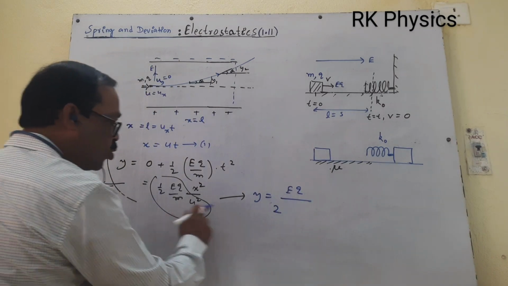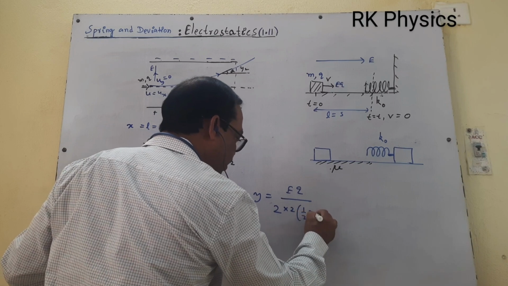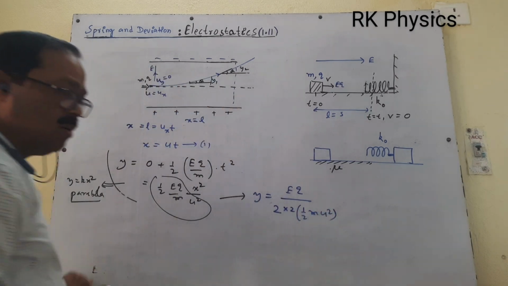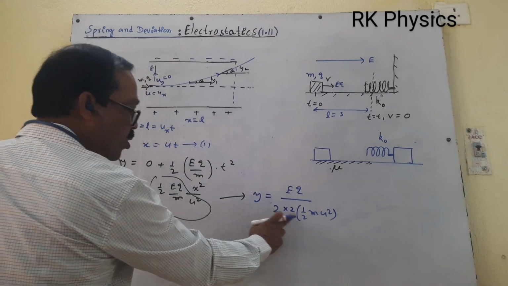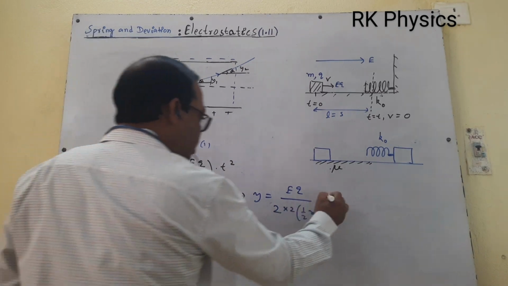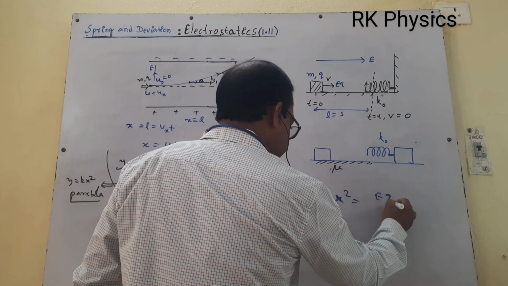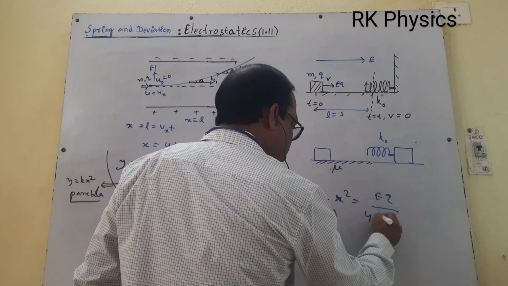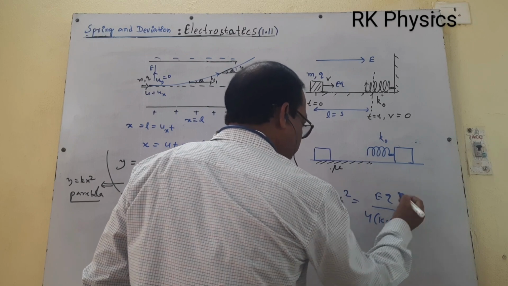Here there is a u square, so I am writing 2 into half m u square. Here I multiply with 2 and divide with 2, into x square. So this represents eq divided by 4 times the kinetic energy into x square.